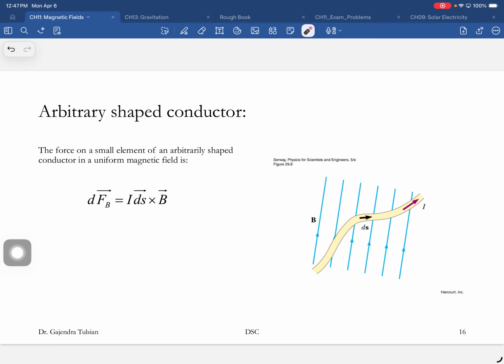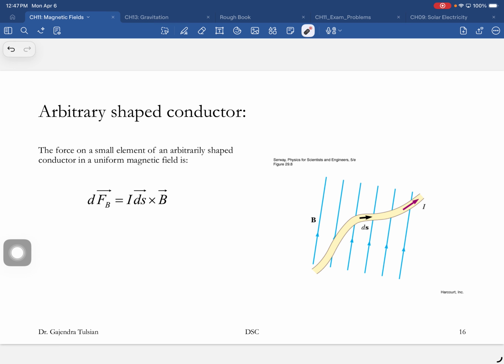So now we'll learn something very interesting. Do you guys know who does most of the work in the world? 90% of the work is done by electric motors.